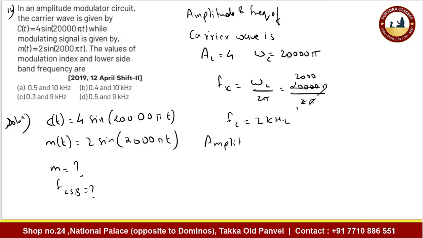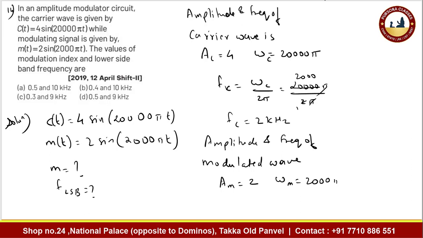Similarly, the amplitude and frequency of the modulating wave. The amplitude of the modulating wave directly we can see here is 2, and the omega of the modulating wave is 2000 pi.